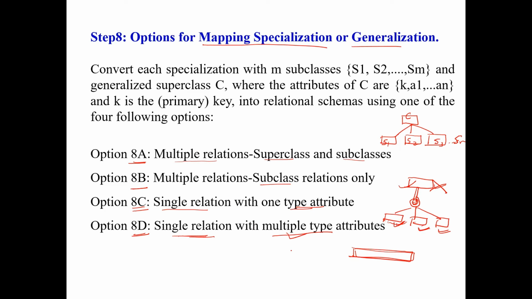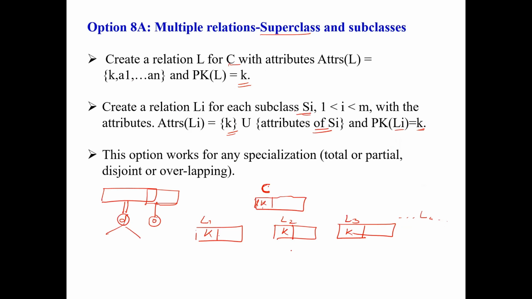These are the steps applicable for specialization and generalization when we do the mapping from ER diagram to relational schema.